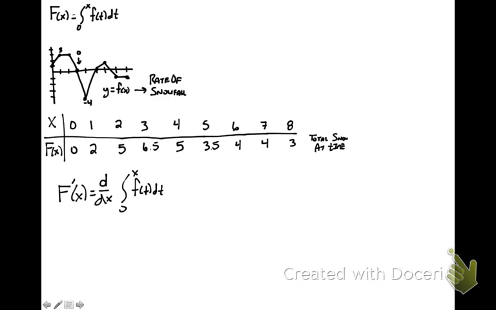So f prime of x, the derivative of the integral, is the same thing as saying that f prime of x equals f of t dt.